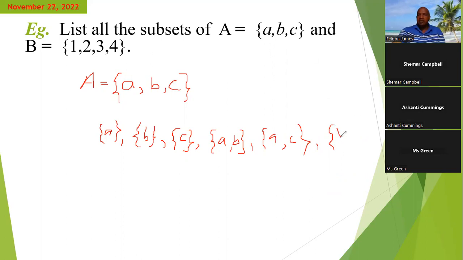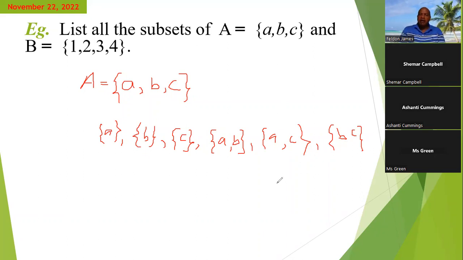Even if you switch around the members, once those members already exist in another set, you're repeating the set. So for a subset, we don't repeat them. So how many subsets do we have so far from this existing set? We have 1, 2, 3, 4, 5, 6.